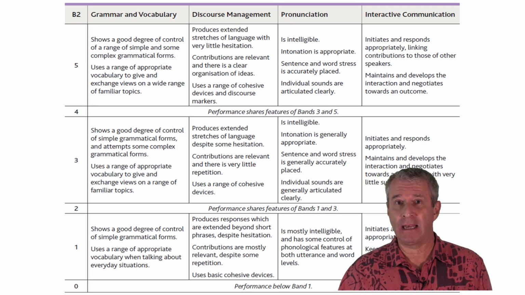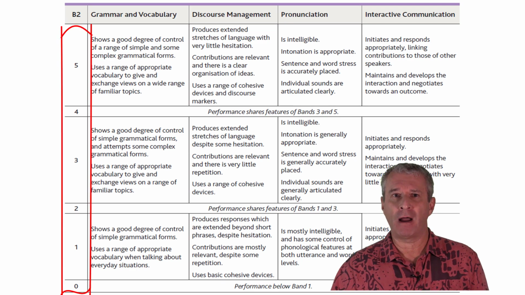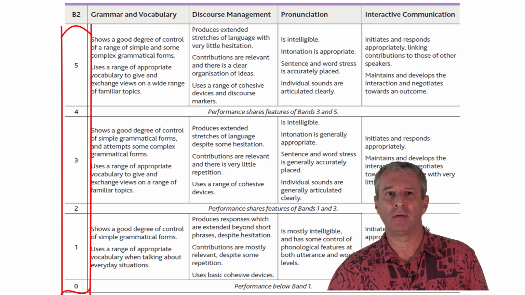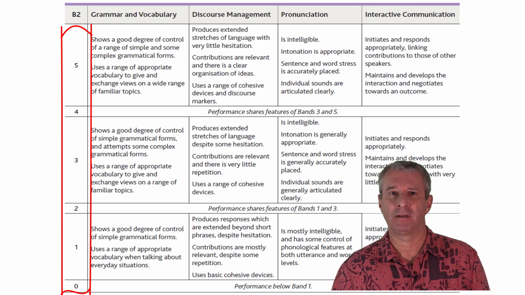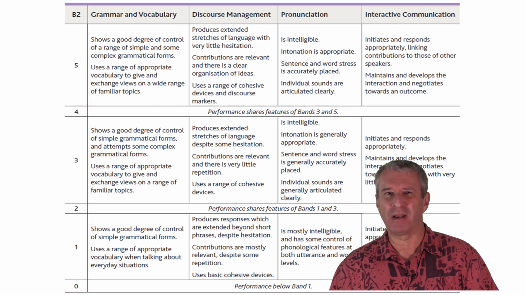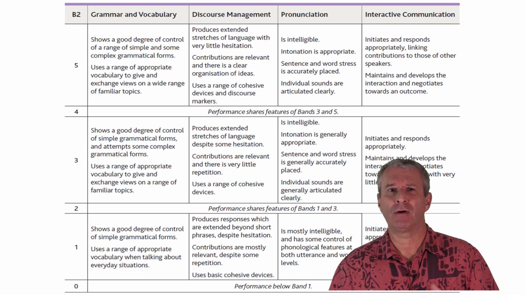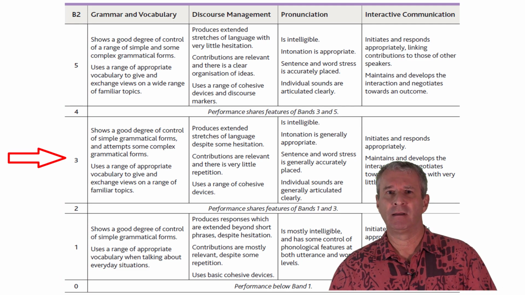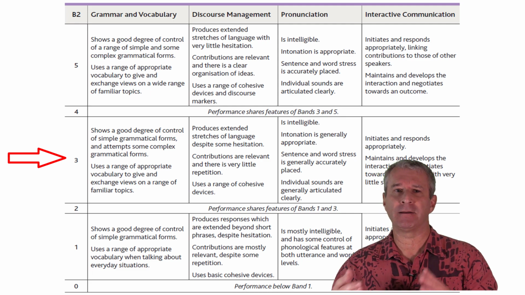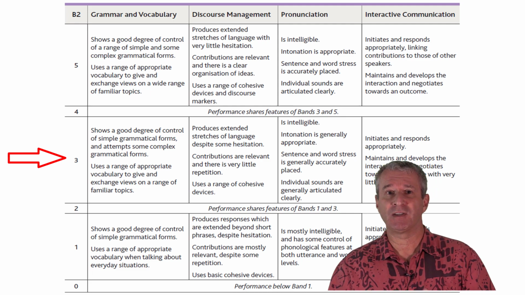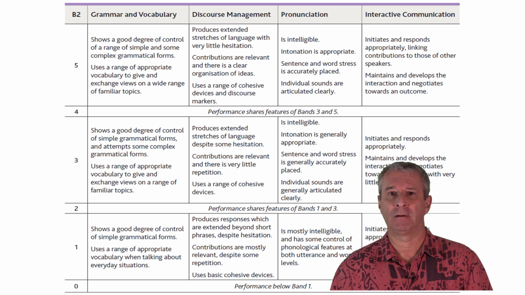At the side on the left, you can see 5 bands: 1, 2, 3, 4, and 5. It all looks a bit complicated, but you need to focus on band 3 because band 3 and above is a pass. So let's look at band 3.